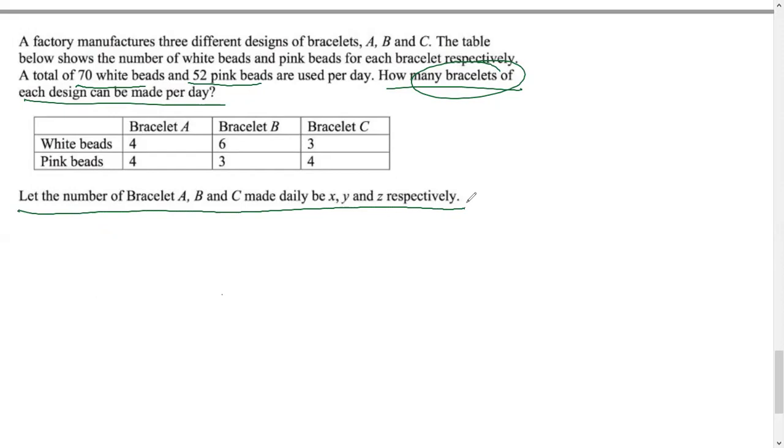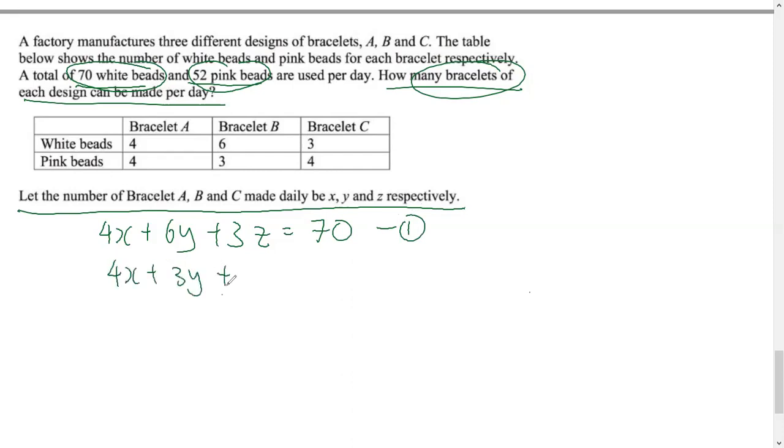Because there are 70 white beads and 52 pink beads, it will be 4x plus 6y plus 3z, and this should give you 70 white beads. This will be equation 1. And we have 4x plus 3y plus 4z is 52 pink beads.